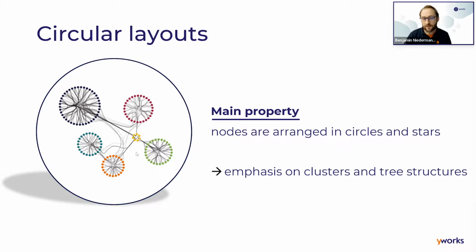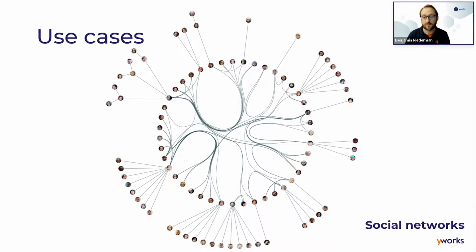In the following, I would like to introduce you to three use cases. The first use case is social networks. Here, the idea, for example in this image, is that you have one big cluster of members that have a lot of connections, and then there are some satellite nodes attached to this big cluster, such that they have either just a star-like structure or a tree-like structure attached to this cluster.